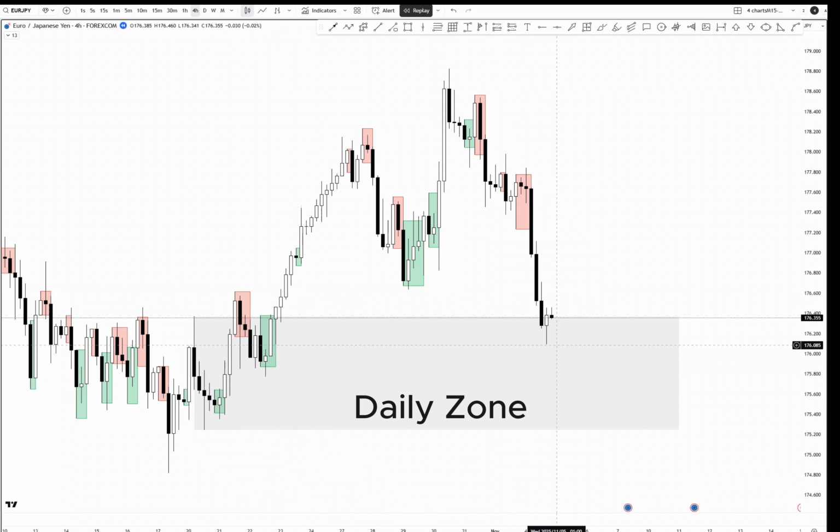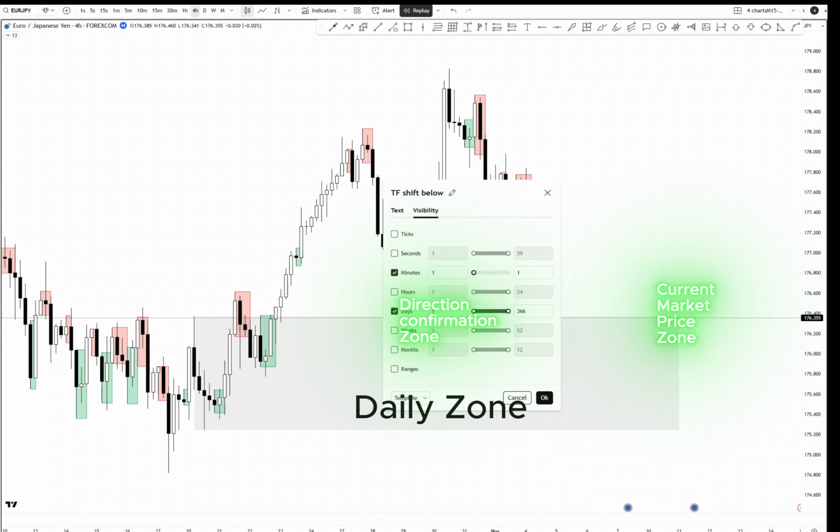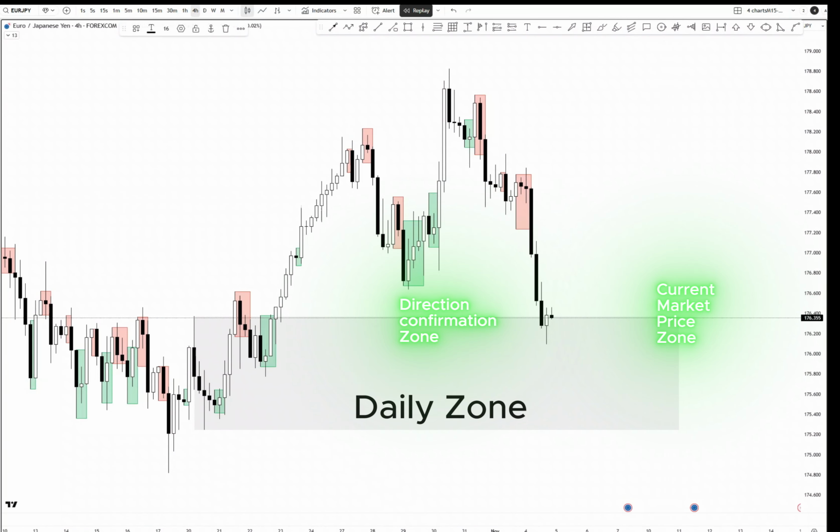Our CMP happens on the right side of the price, not in the middle. So here we have this zone. After shifting one time frame below, the current market price must happen in this area, on the right side.